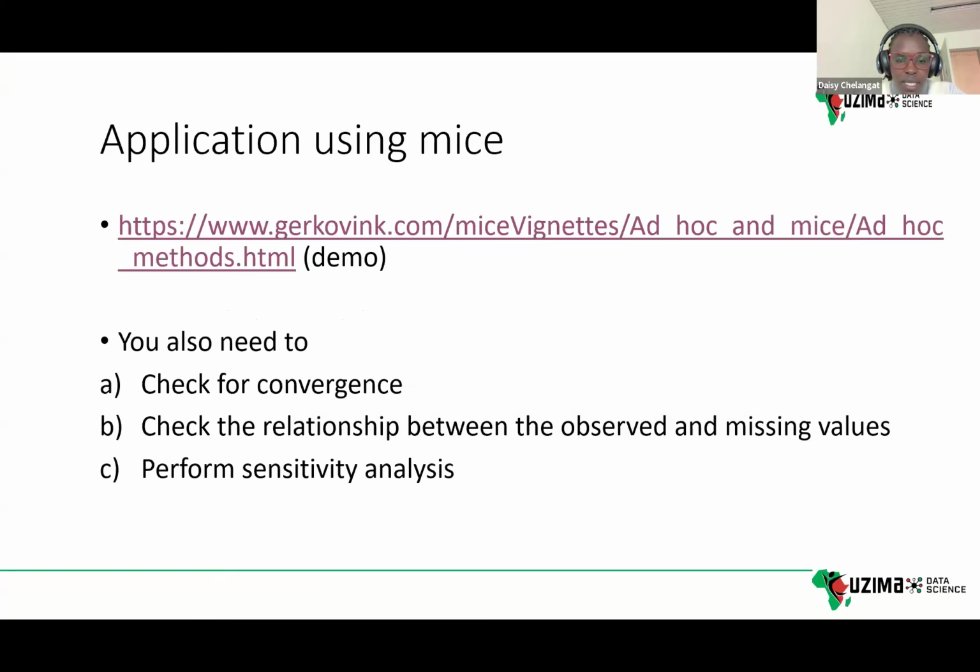It has some vignettes, or demonstrations, that can really guide you on how to perform multiple imputation using mice in R. I think there are also Python modules that do this, so if you're a user of Python, you can check that. Let's go directly to that.